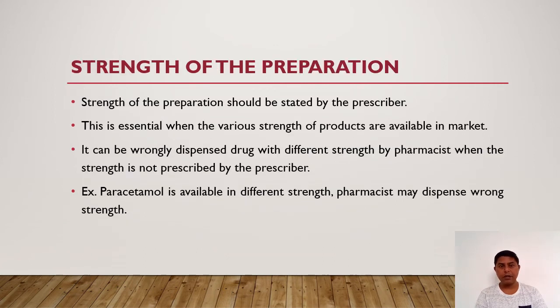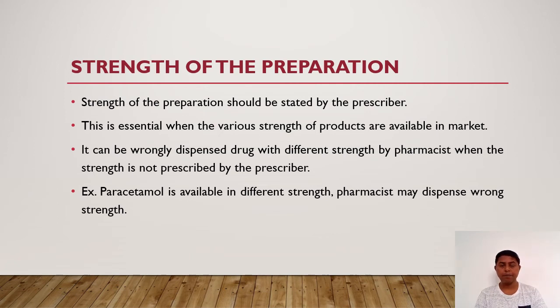Then the next error is about strength of preparation. Strength of preparation should be stated by the prescriber. This is essential when various strengths of a product are available in the market. A drug with a different strength can be wrongly dispensed by the pharmacist when the strength is not prescribed by the prescriber.